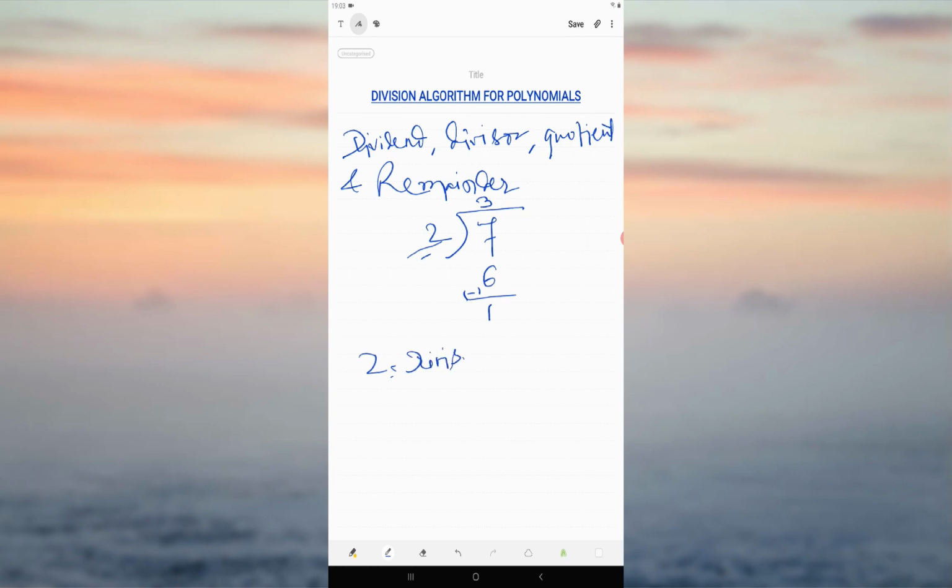So divisor is a number through which you are dividing. The divisor is a number by which you divide another number.